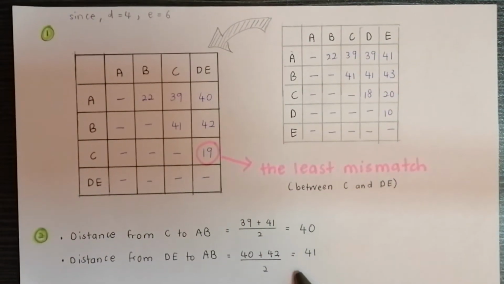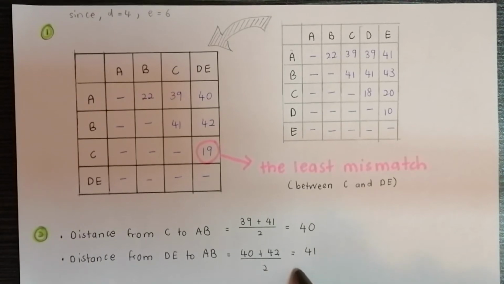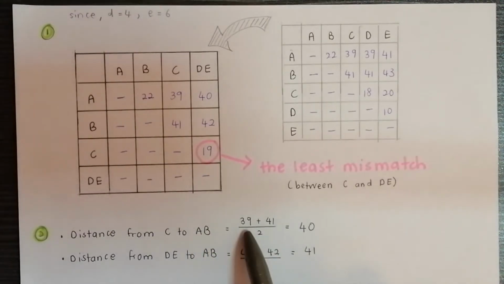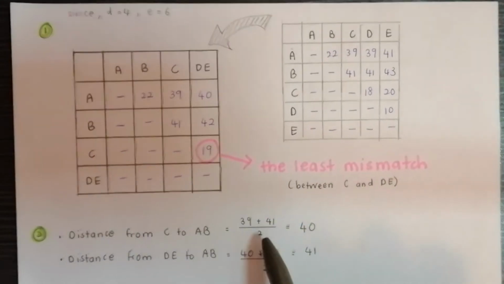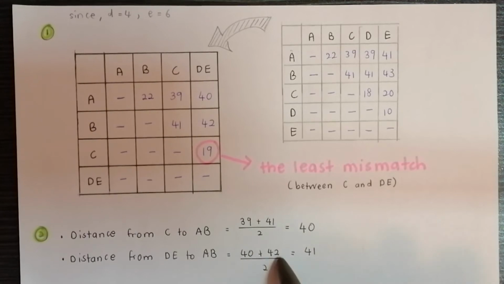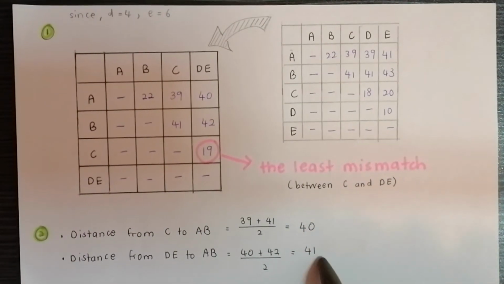Okay, next step, we will calculate the average of the remaining sequence. So the distance from C to AB is 39 plus 41 divided by 2, which is 40. And the distance from DE to AB is 40 plus 42 divided by 2, which is 41.